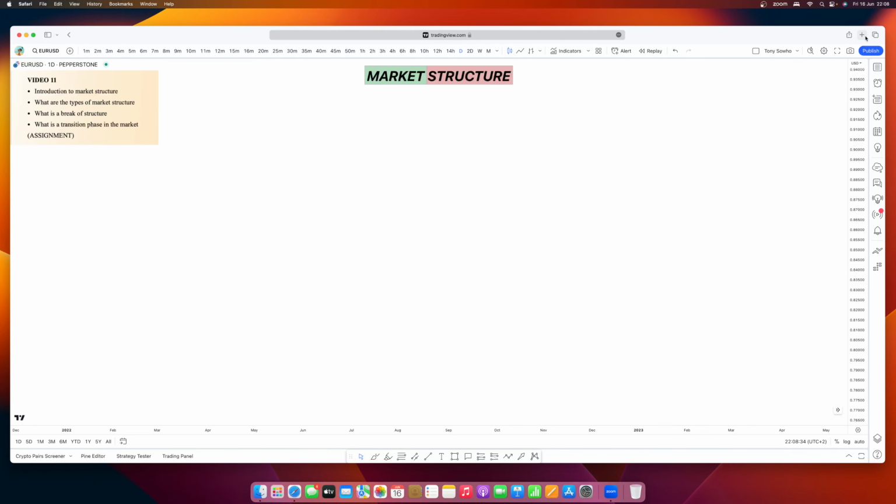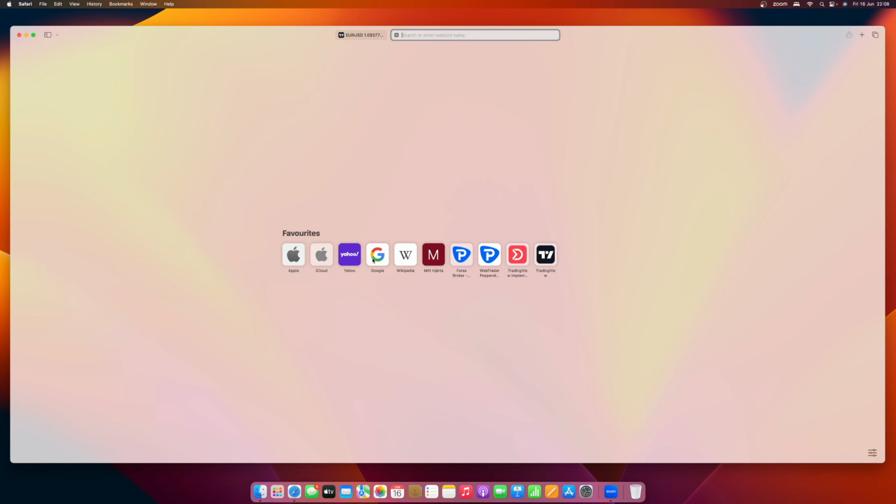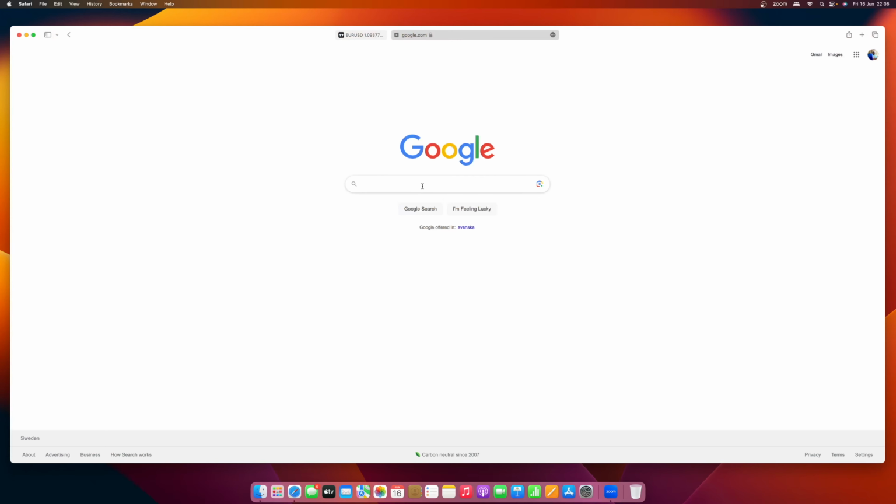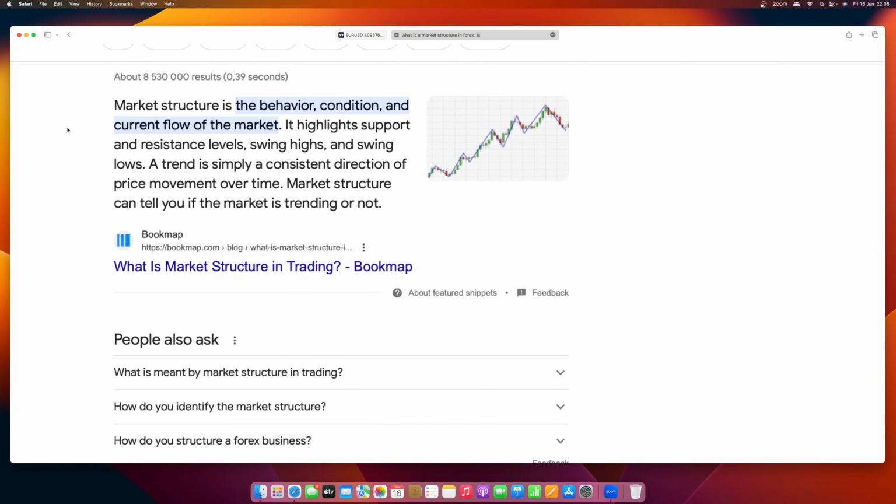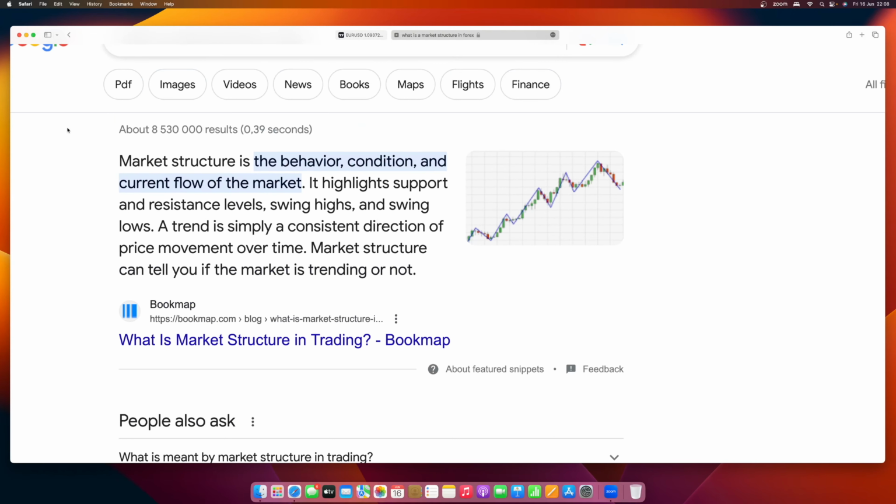All right, so quickly let's head over to Google and then put what is market structure in Forex. You can see what is market structure in Forex. And as you can see here, it says that market structure is the behavior, condition, and current flow of the market.